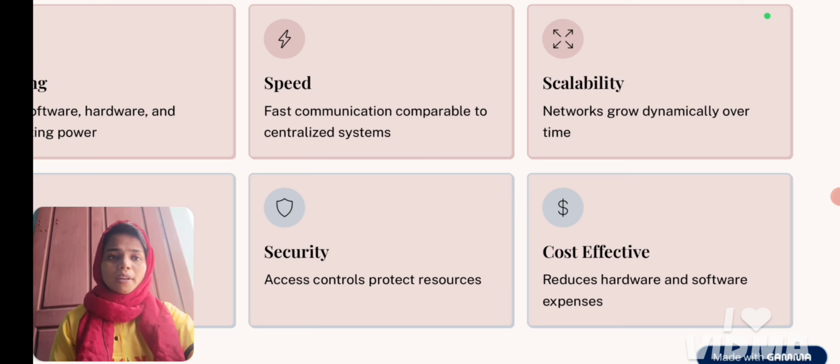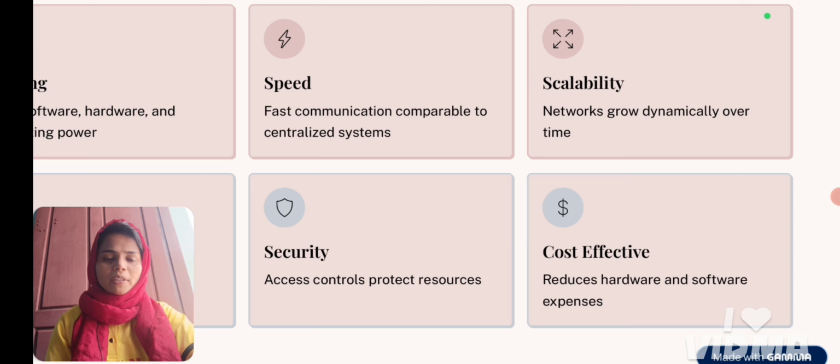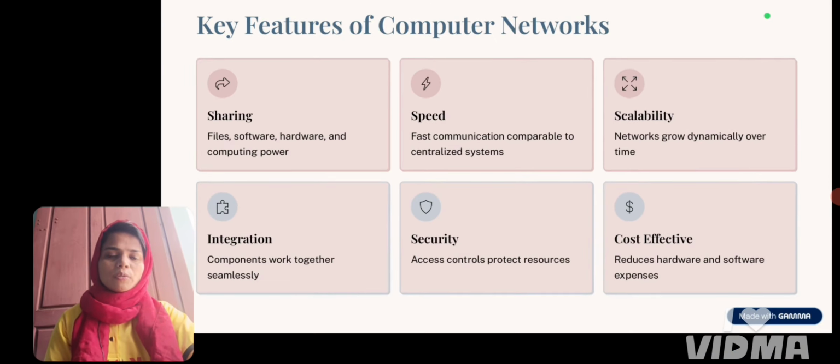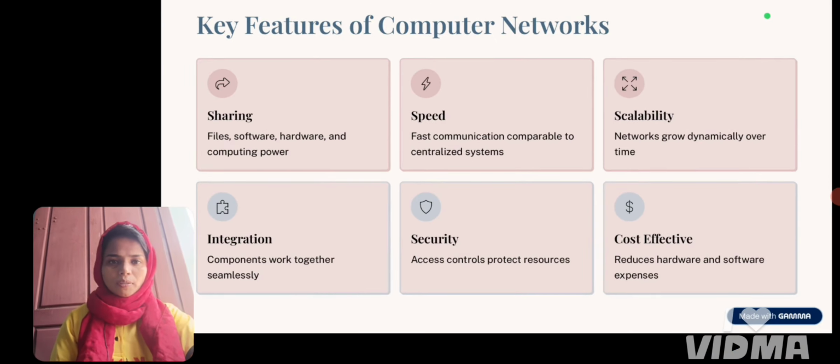It also reduces hardware and software expenses. For example, if I share one software with two devices, then the software cost is reduced at that point. Okay, that is called reducing hardware and software expenses. We can share one software or hardware with more than one device. That is also an important feature in computer networks.